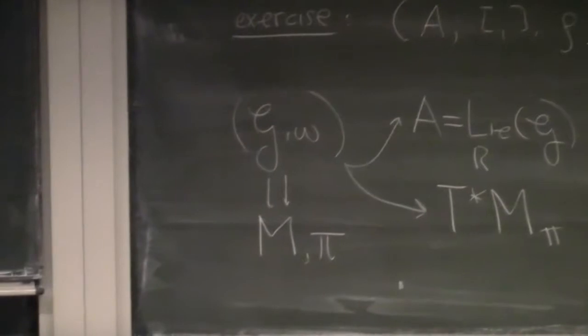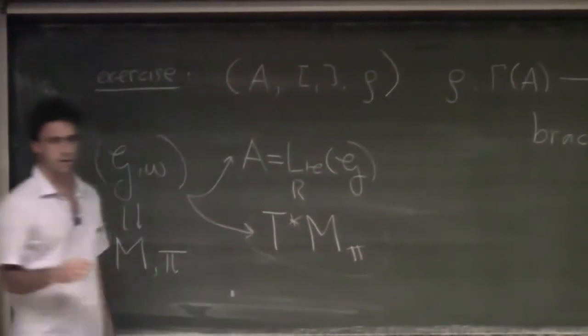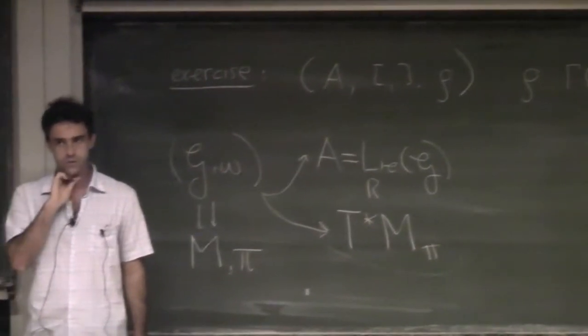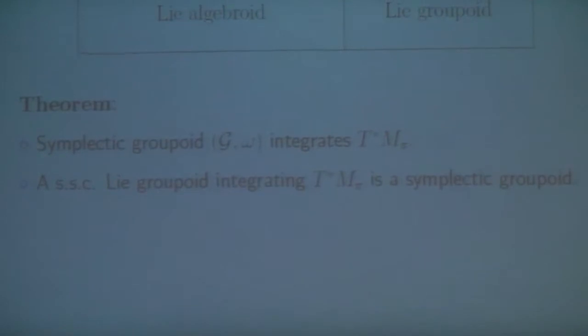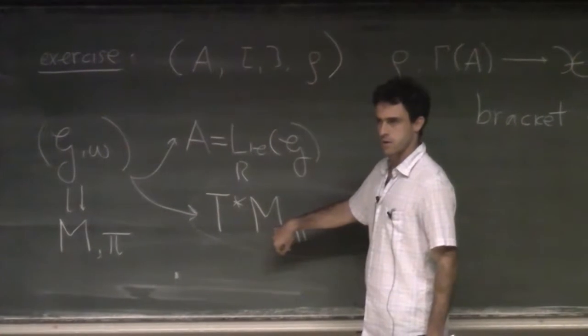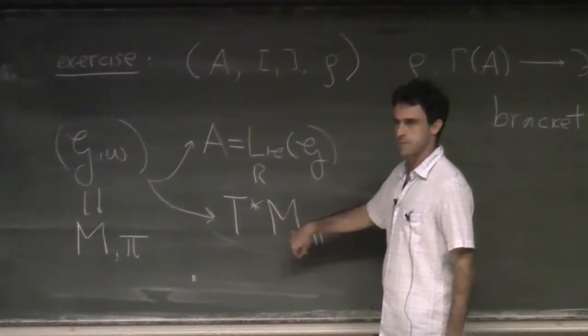Okay, so I gave you the map for that. So basically, it's the first statement in the theorem, that if you have a symplectic groupoid, then the symplectic groupoid always integrates the Lie algebroid of the base Poisson manifold. And then the other statement was a kind of converse to that, which is that if you know a source simply connected groupoid integrating this algebroid, then it's automatically symplectic.